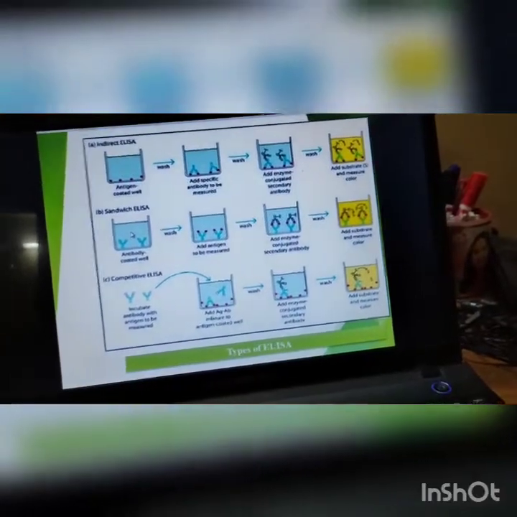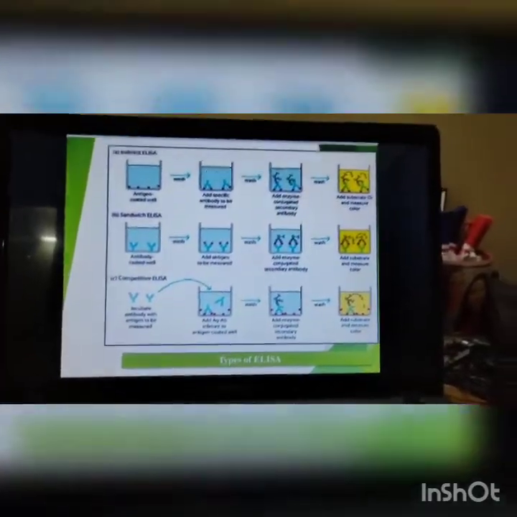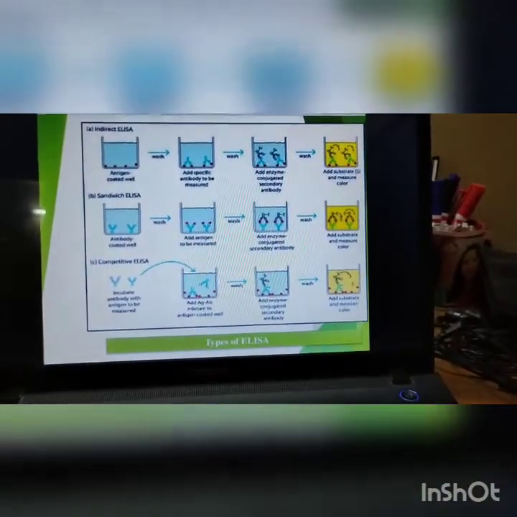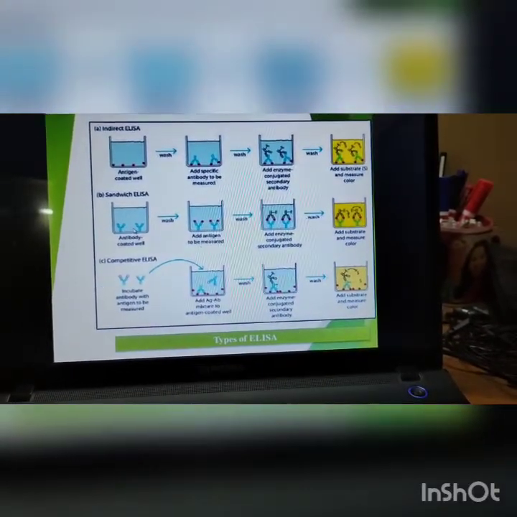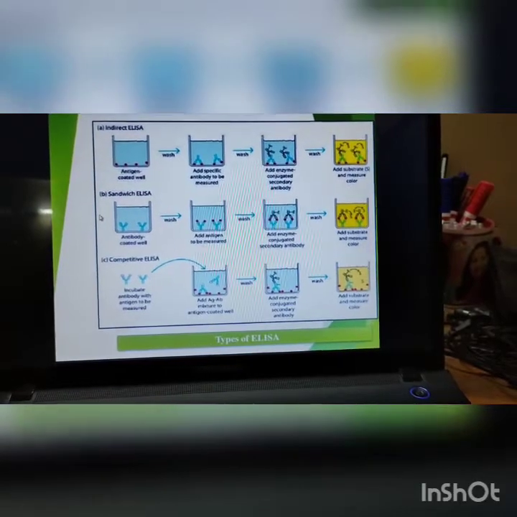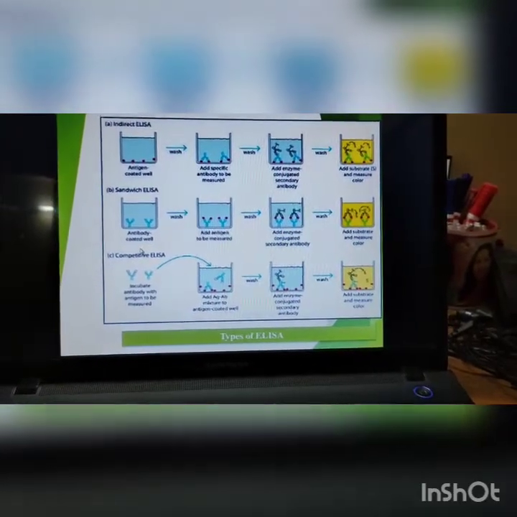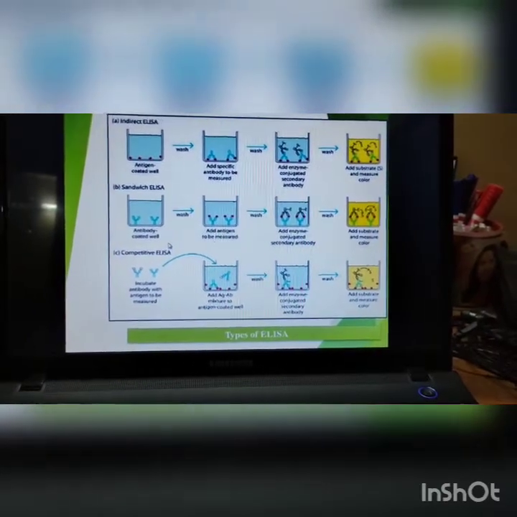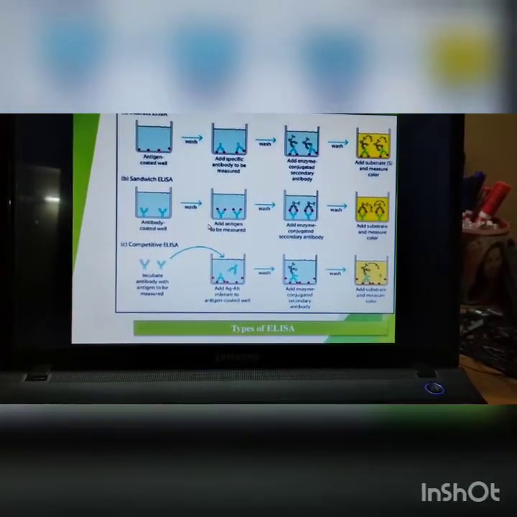Direct sandwich ELISA. What does sandwich mean? The antigen is present in between two antibodies, and that is called the sandwich ELISA. The antibody is placed over here. In the indirect ELISA there is the antigen coated; here it is the antibody. Then it is washed with saline solution. Then the antibody, then again the antigen is added.